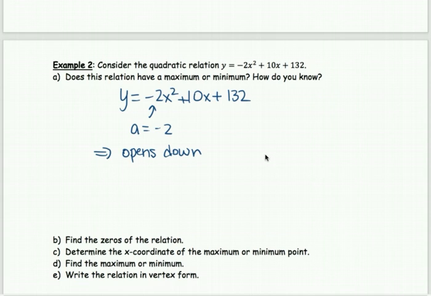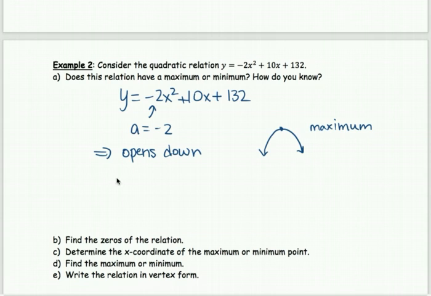Just do a rough sketch of that. If it opens down, this is what it looks like. Does that have a max or min? You can see the top here, you can measure it, so that's the maximum. With the arrows here, it goes down forever, so you can't ever find the bottom, so you don't have a minimum.